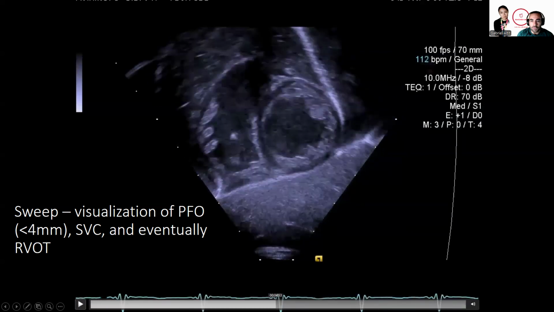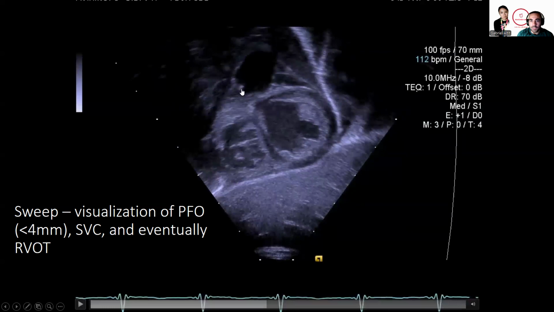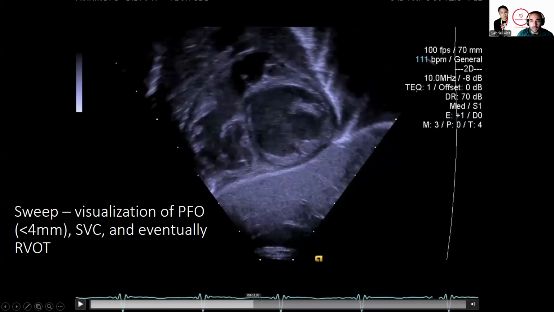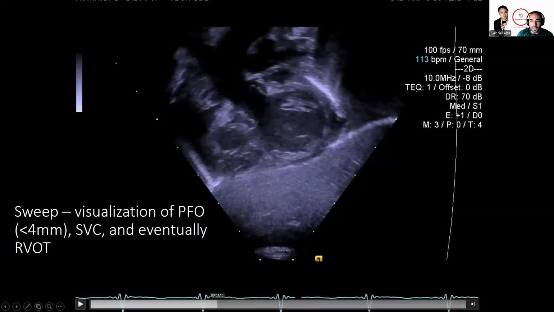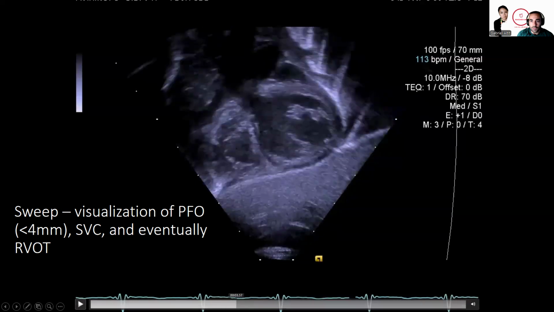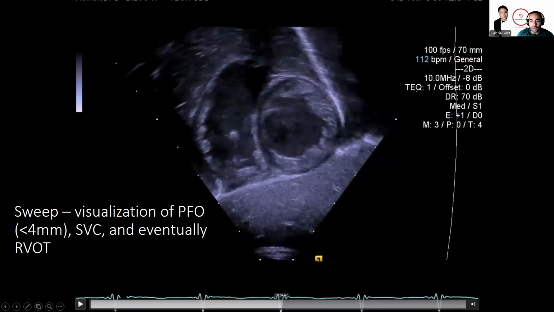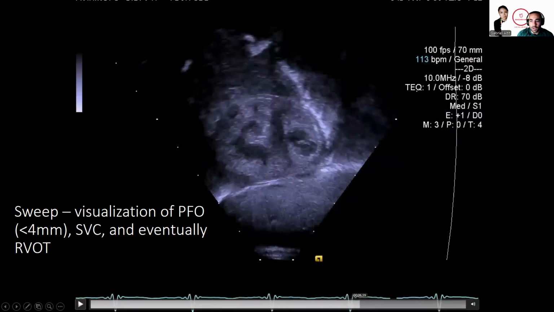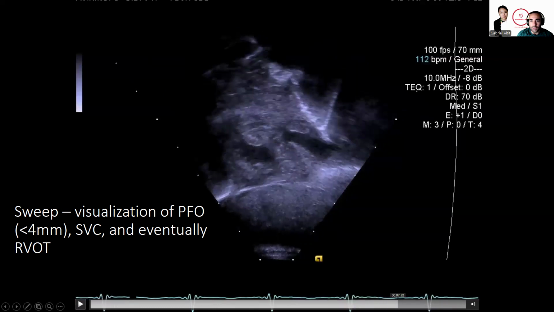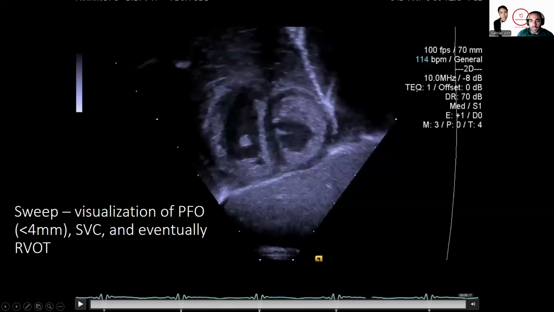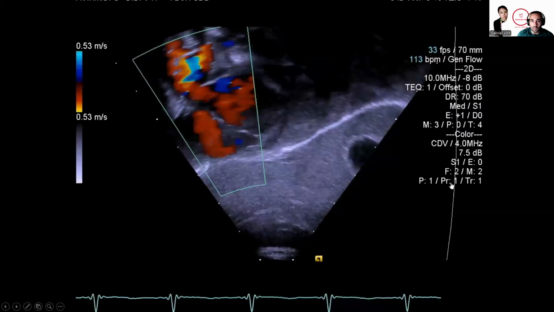And then eventually, as we go more anteriorly, we see this pulmonary valve with the main pulmonary artery. This is the RV. In the background, before getting there, we had the aortic valve coming out of the LV. More anteriorly, I get the RV, and then I get up to the most anterior portion of the RV and LV, and then I go a bit back towards the mid portion.